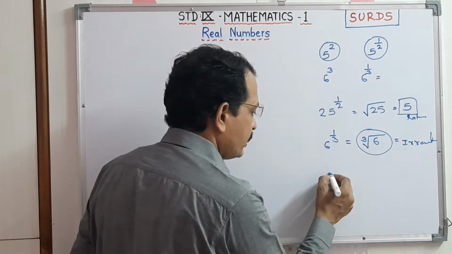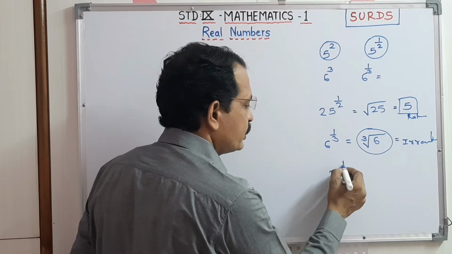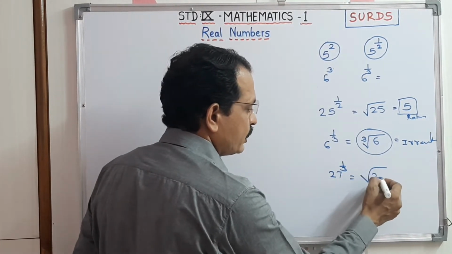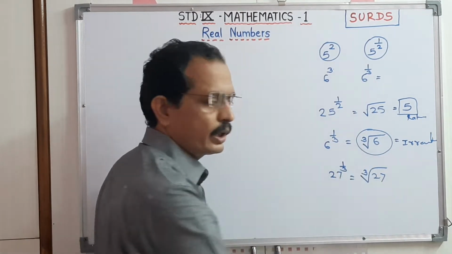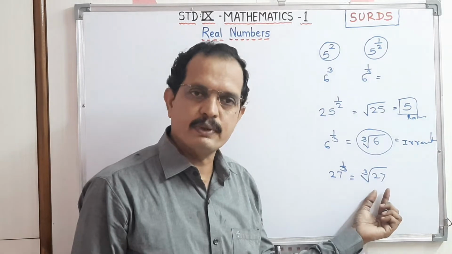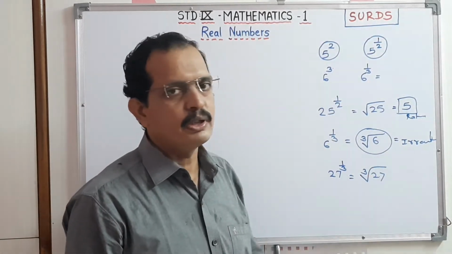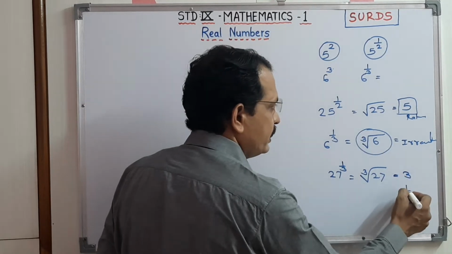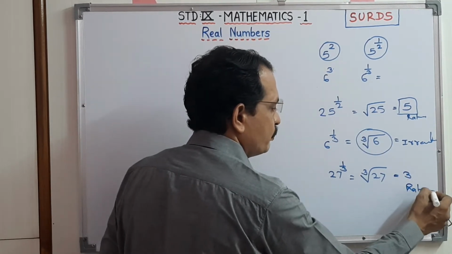Suppose I write here 27 raised to 1 upon 3. Then by using the symbol we can write 27 and here we have to write the 3. That is, we read it as the cube root of 27, and the cube root of 27 we can find, it is 3. Therefore it is a rational number.